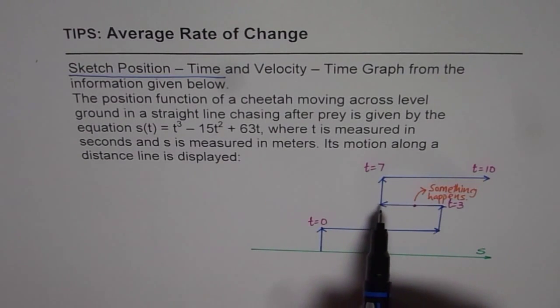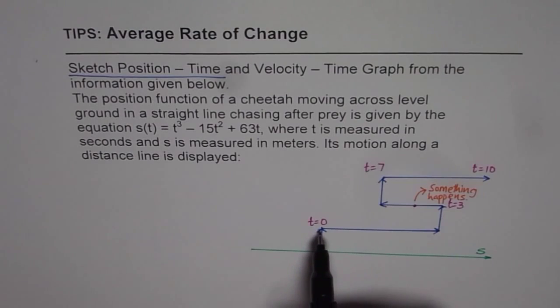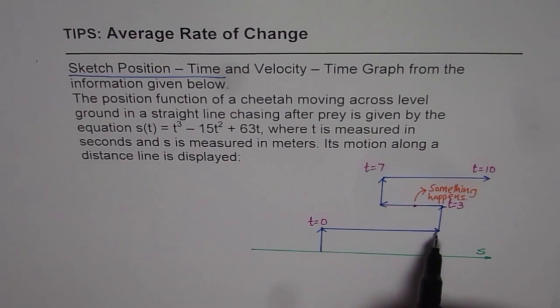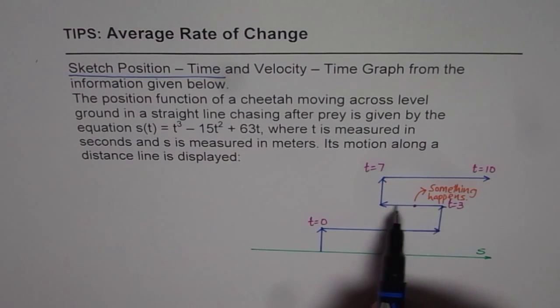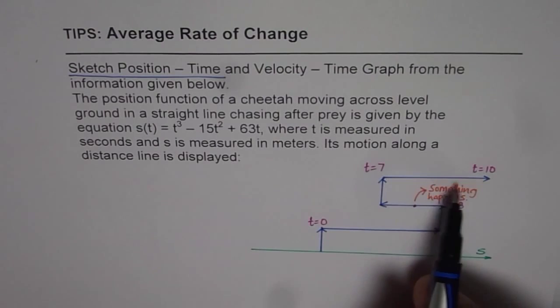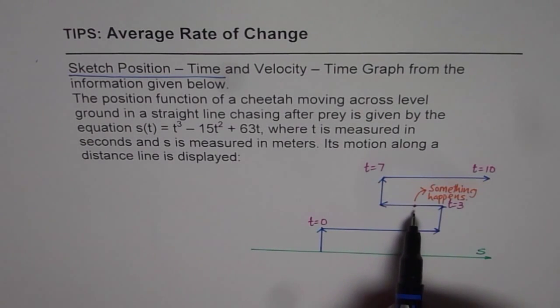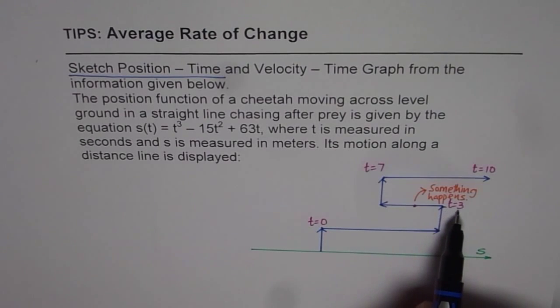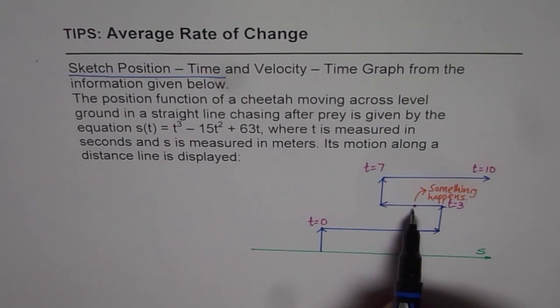That means the distance is increasing from t equals 0 to t equals 3, and then the distance is decreasing from t equals 3 to t equals 7, and then there is a turn and the distance is further increasing. We also notice that there is some hitch midway between t equals 3 and 7, that is at t equals 5.